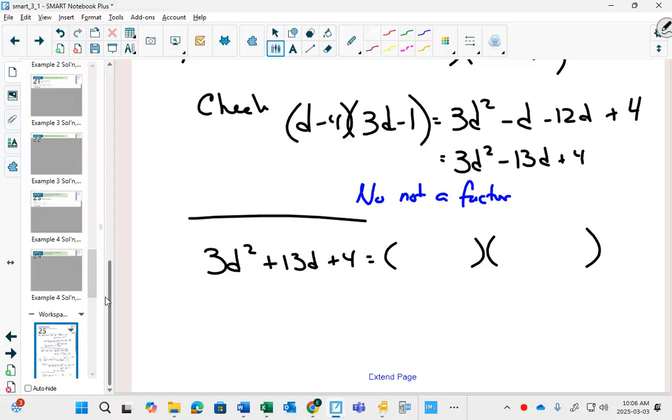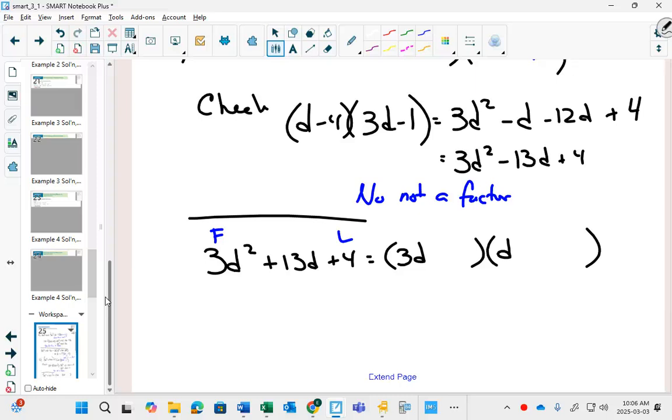Here, if I was factoring this, my first one's 3d squared. Only one option, 3d and d. My last one is a 4. I've got two options, 4 and 1. Well, actually, technically 3 options, because 4 and 1, 1 and 4 will be different with the outside and the inside. And 2 and 2. I need 13. Here's where your mental math comes in: throw in 1 and 4, 4 and 1, 2 and 2.